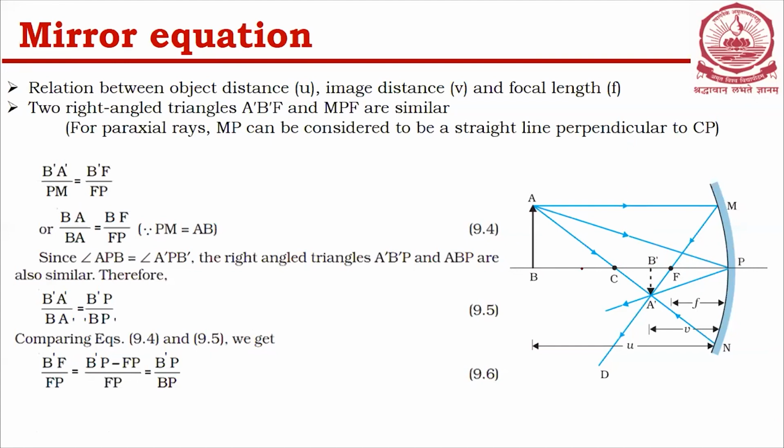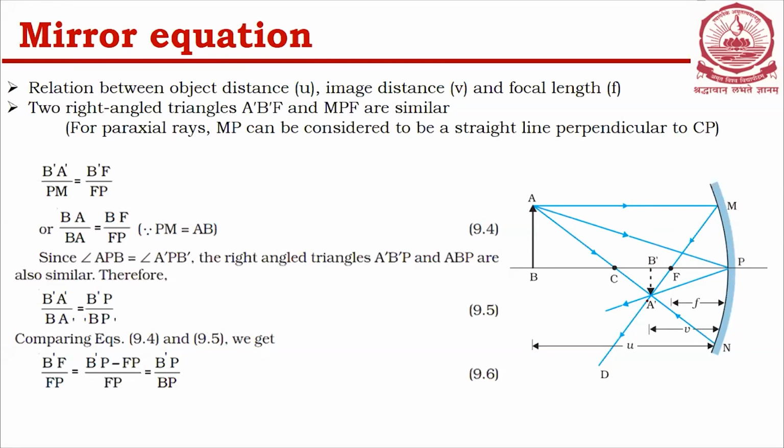From similar triangles, B dash A dash divided by PM, where PM is this distance, should be equal to B dash F divided by FP. This is possible when you have similar triangles.